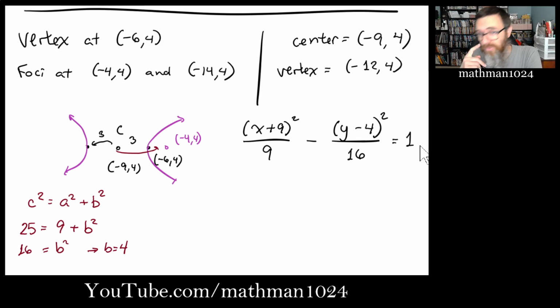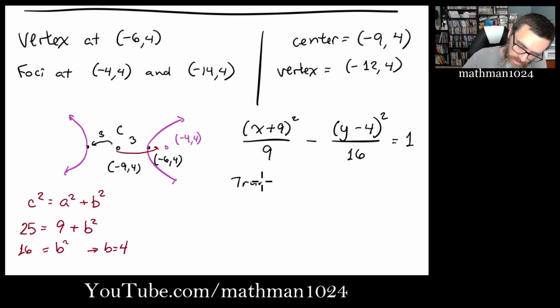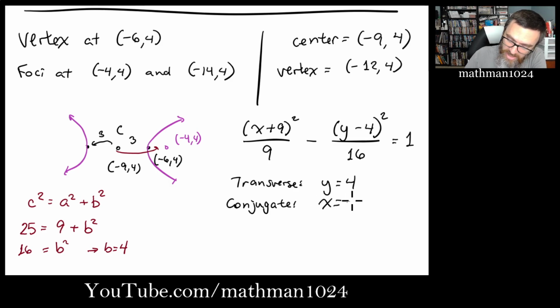Now let's finish this, right? We have the center, the foci, the vertices. Okay, your transverse axis, this horizontal line going through the center and the vertices and the foci, and that's y equals 4. The conjugate axis, x equals -9. This guy right here.